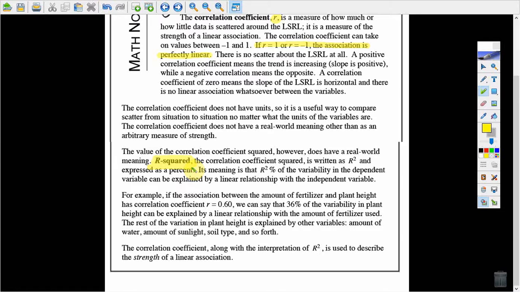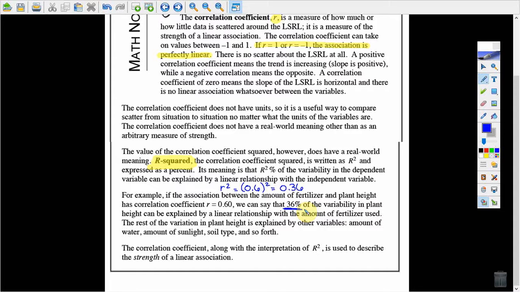Alright, so for example, here we are. If the association between the amount of fertilizer and plant height has a correlation coefficient R of 0.6, then we can say that the R squared, first off, is going to equal 0.6 squared, which is going to be 0.36, which will be 36%.